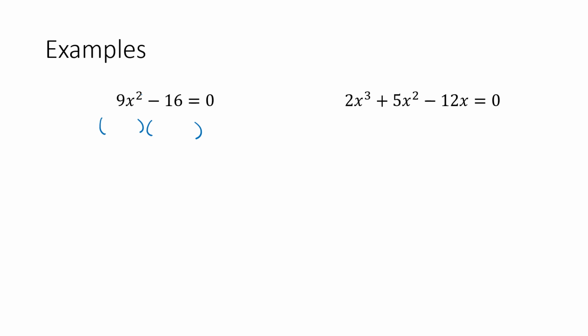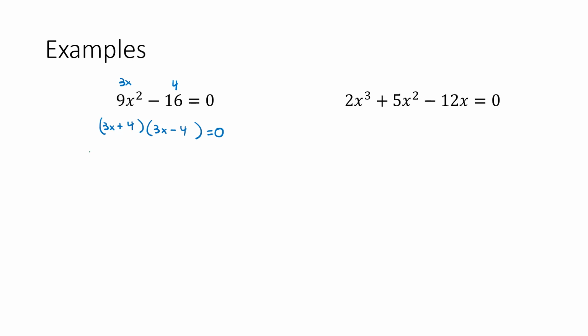In fact, we can take the square root of both parts. The square root of 9x squared is 3x, and the square root of 16 is 4. And we recognize the difference of squares. We're going to add and subtract those. 3x plus 4 and 3x minus 4 equals 0. And now it is completely factored.